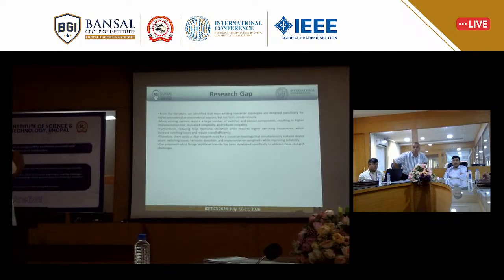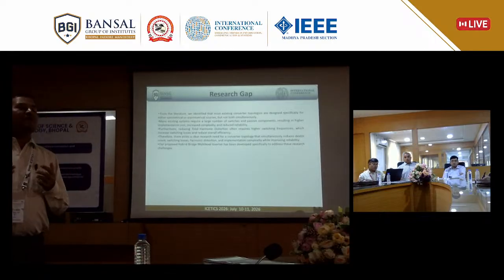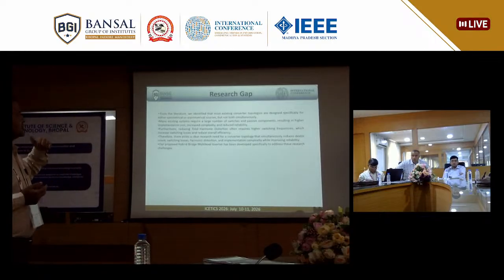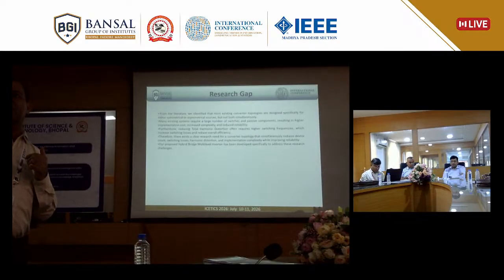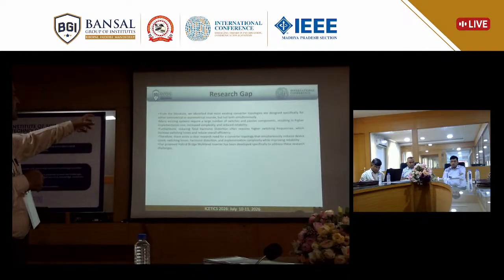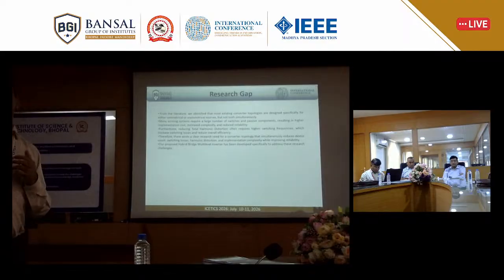Second, conventional multi-level inverters have higher switching losses, higher device count, and lower efficiency. So we have also overcome these problems from hybrid multi-level inverters. Third, conventional inverters have three output voltage levels, but our topology and technology is used for 7-level output voltages.